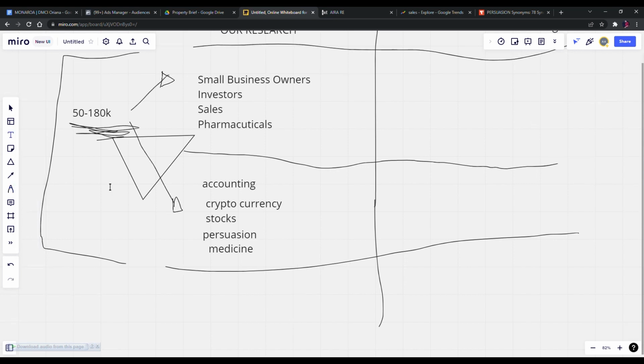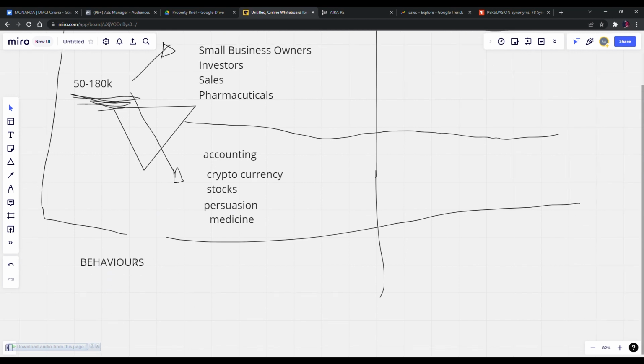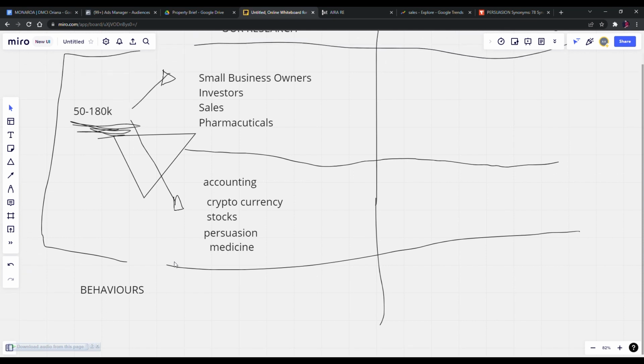But what you don't realize that we have right here in our possession is the power of this, behaviors. This is a pretty powerful thing to be able to help us pre-qualify all of the stack of the people that might be interested in all these as well, but aren't necessarily earning this much, because interests can just be interest and anyone can be interested in all of these right here.